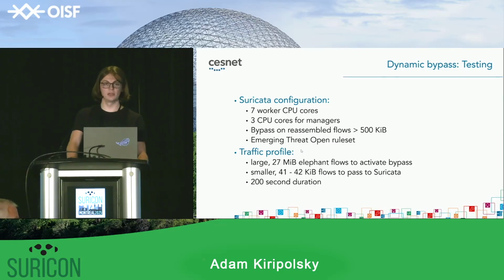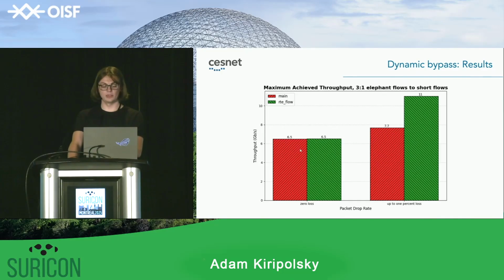Again, we were testing with 200-second duration. We are always performing 4 tests and averaging the drop rate. On the y-axis, we can see the throughput in gigabits per second. On the x-axis, we can see 2 drop rate categories. We are measuring at 0 loss, and also at up to 1% loss.